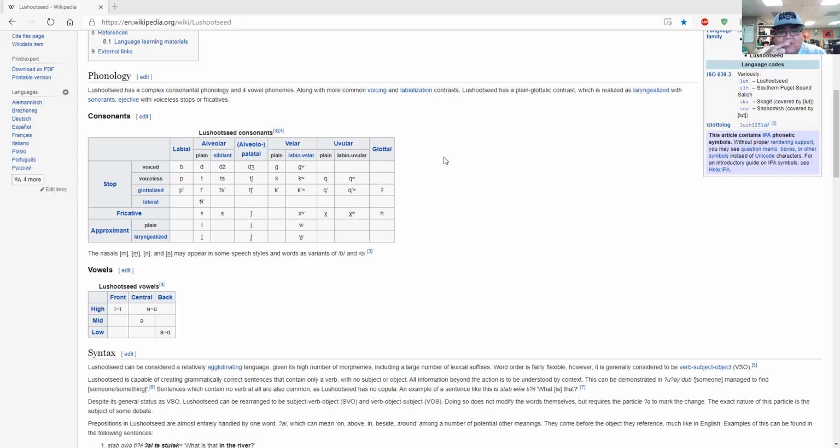Labial is your lips, so anything there, your B, your P, that's labial.